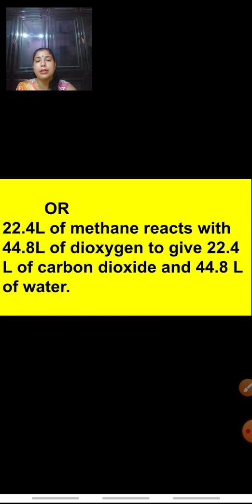Now the same sentence I can say in volumes also. I have told you that the volume of 1 mole of any substance at standard temperature and pressure is equal to 22.4 liters.